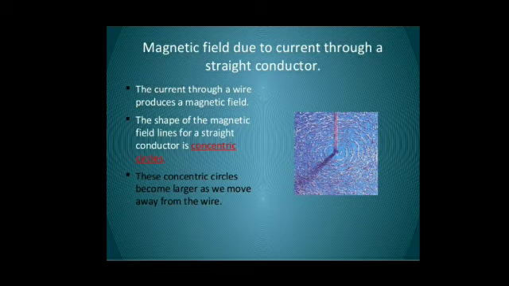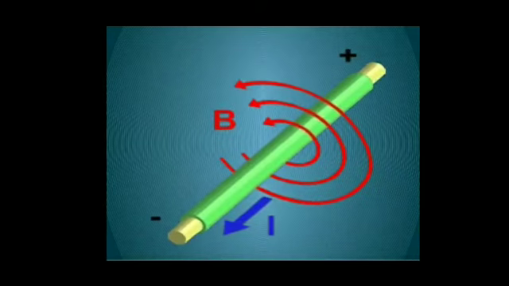So when the magnetic force decreases, the magnetic field lines that are representing themselves in concentric circles get bigger and bigger. What does it mean? It means that the magnetic force gets weaker and weaker. So the circles become larger when we move away from the wire, when we move away from the magnet. Here is a diagram shown to you.